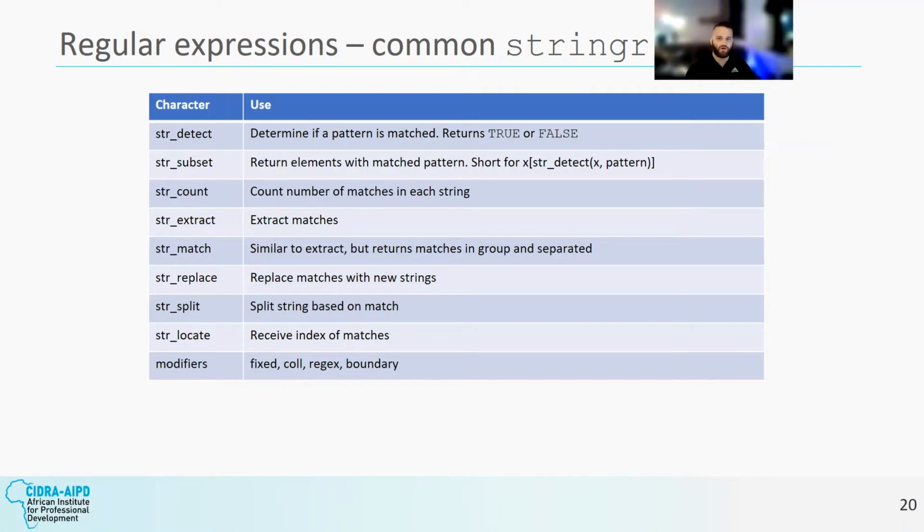There are, of course, many other stringr functions, but these are probably the ones that you will see the most. One other thing to note is that generally all of these will also have a second function that ends with underscore all, where that means you want to get every single one that matches, and without it, it's just the first match often. But we'll see this in an example.